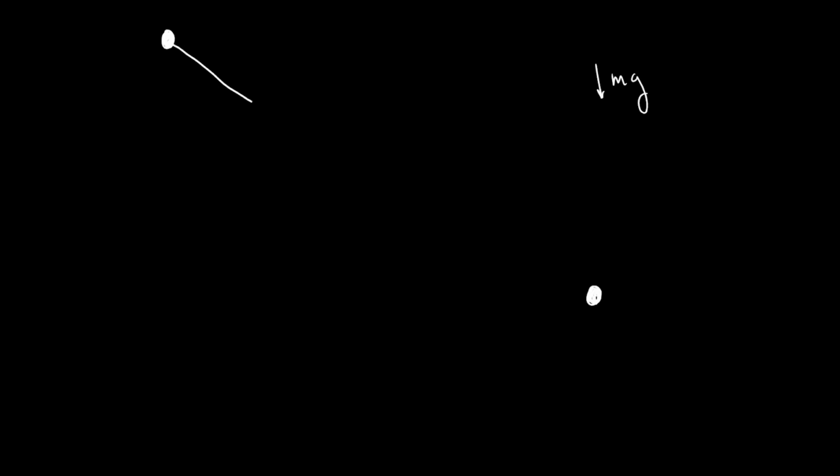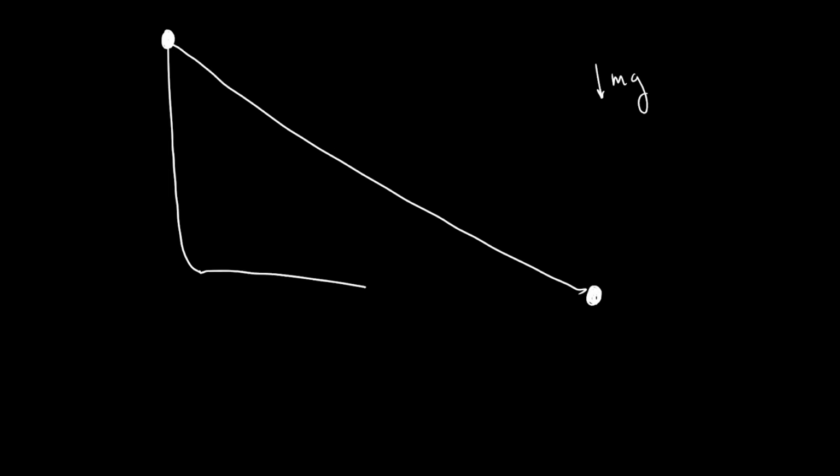Because do you draw the path of shortest distance? Do you let it pick up a lot of momentum first by falling in the gravitational field really quickly and then let it travel over? This is a very tricky problem to do, and it was actually unsolved for quite a long time.